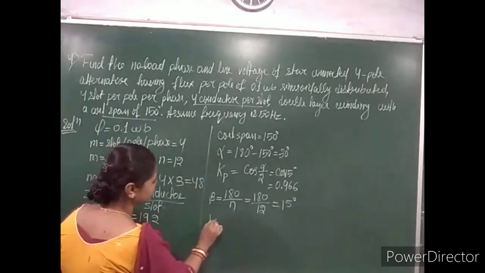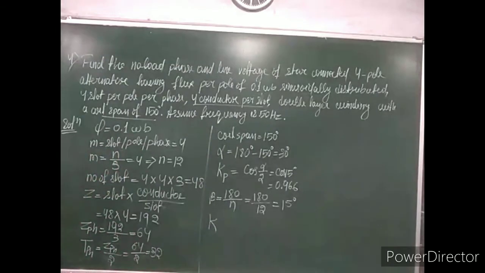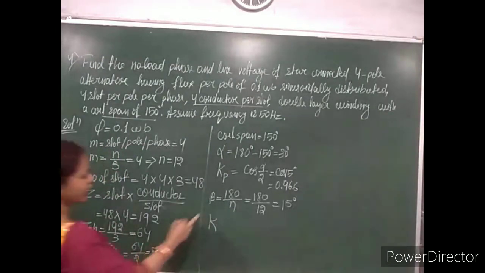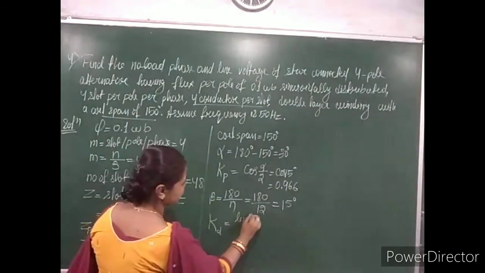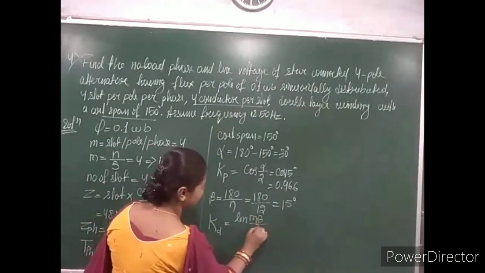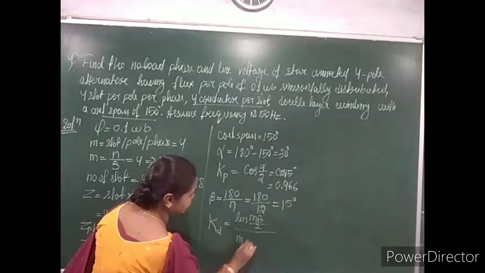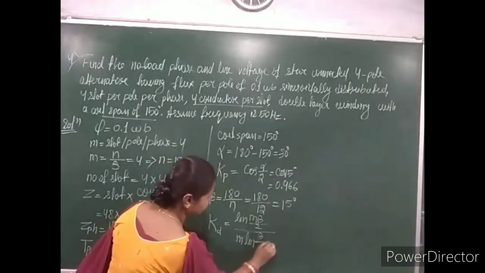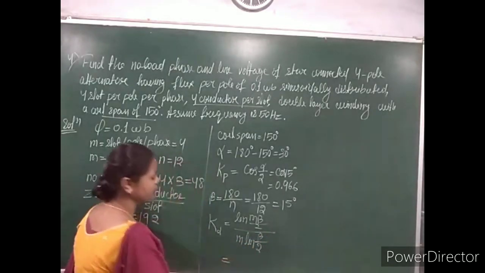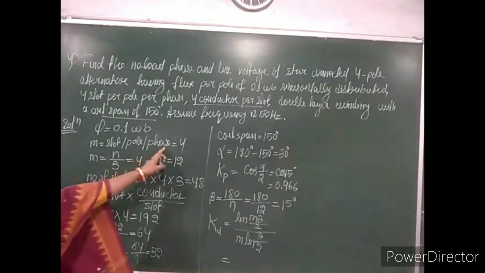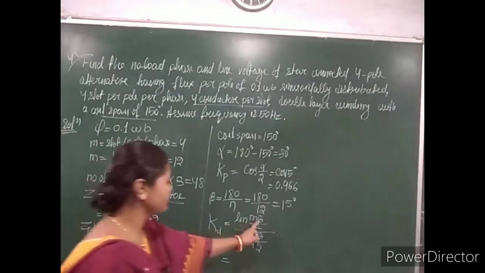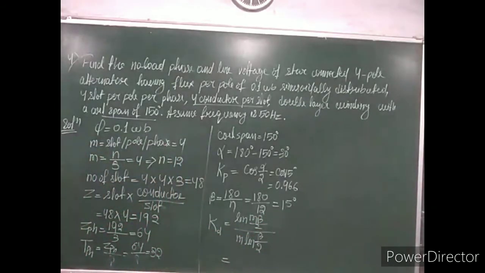Then, we already have the value of m and beta. So the distribution factor is sin(m beta by 2) whole divided by m sin(beta by 2). Here the value of m you put is 4 and beta we have already calculated is 15 degree.